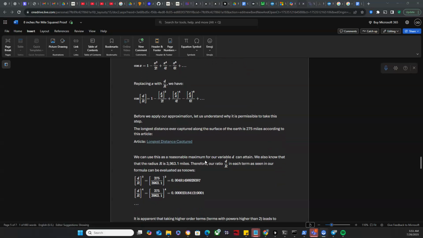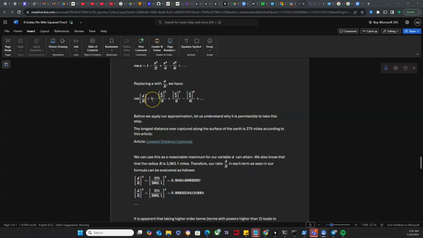And we also know that the radius of the earth is 3,963 miles. So therefore, with this ratio of d divided by r, we can estimate what each term of this cosine function will be.